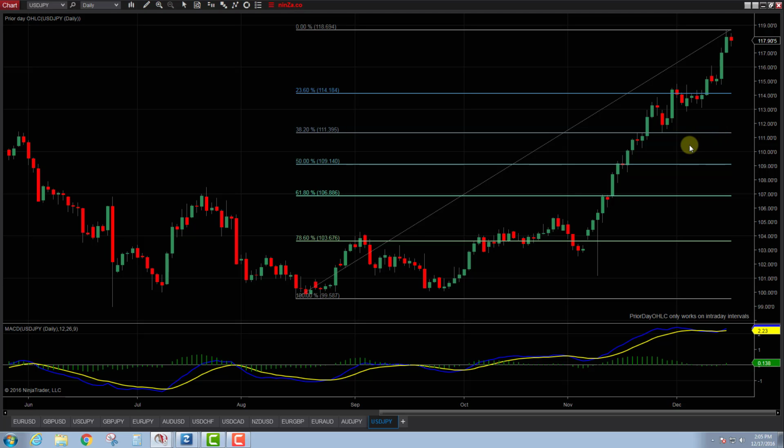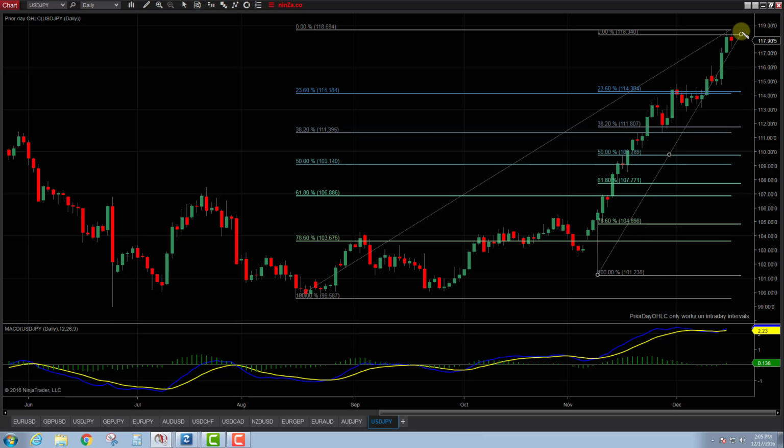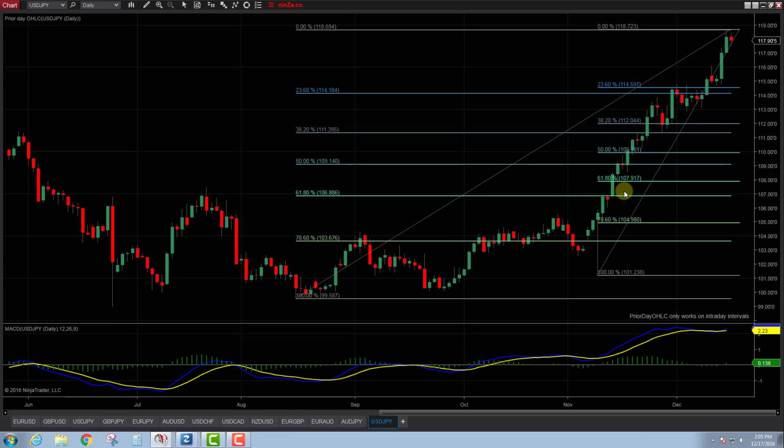Now, let's draw one more Fibonacci level, guys, and we're going to go from here to the high, and then we're also going to draw off this swing point here. When in doubt whether you should use this swing point or this one, let's draw them both and see what makes sense.